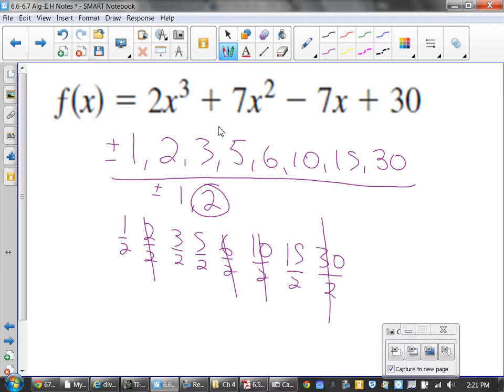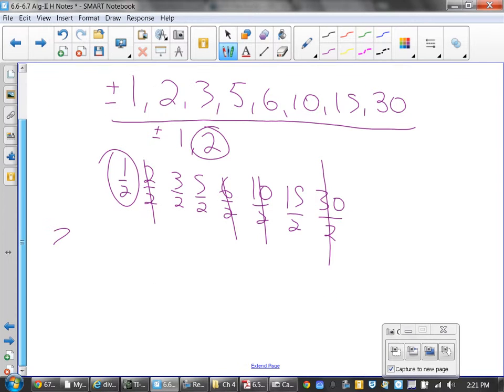What's going to happen sometimes when your leading term coefficient is not 1, you will wind up with duplicate possible zeros. It's just showing that you could have a 0 at 1/2. If your 0 is 1/2, what would your term be? It would be 2x minus 1. Very good. If my 0 equaled 1/2, that meant my term would be 2x minus 1.